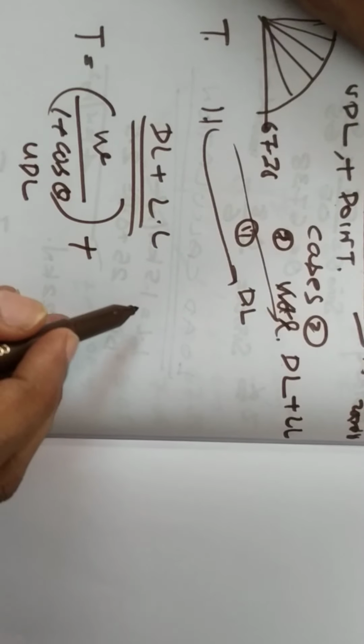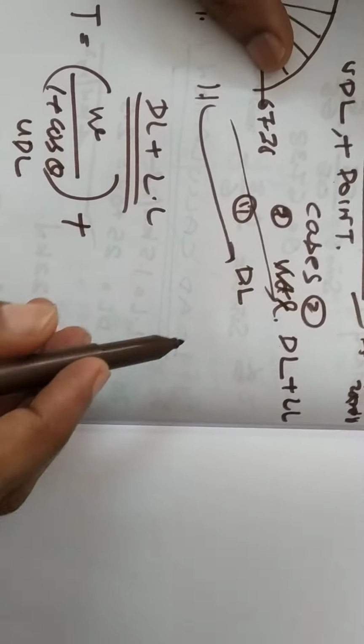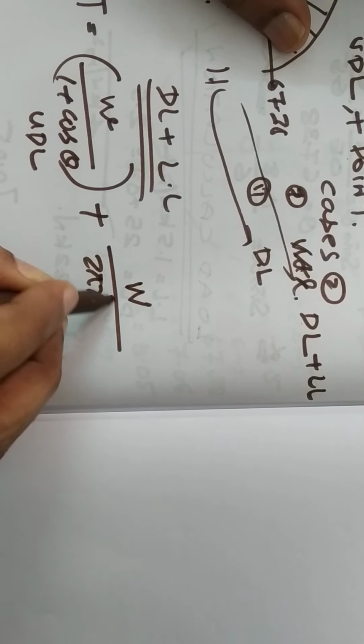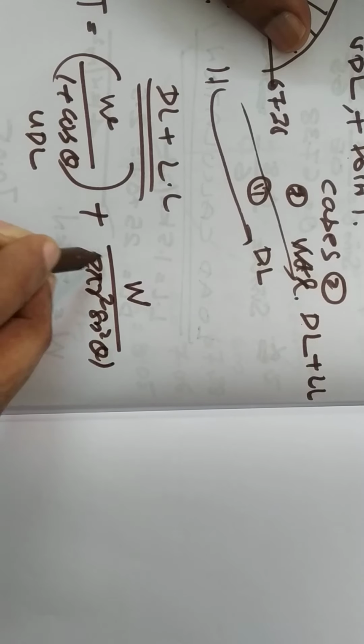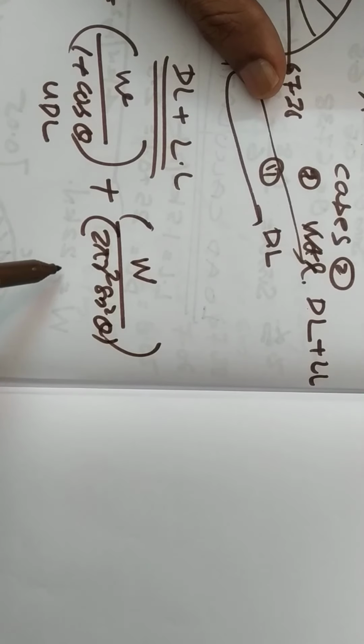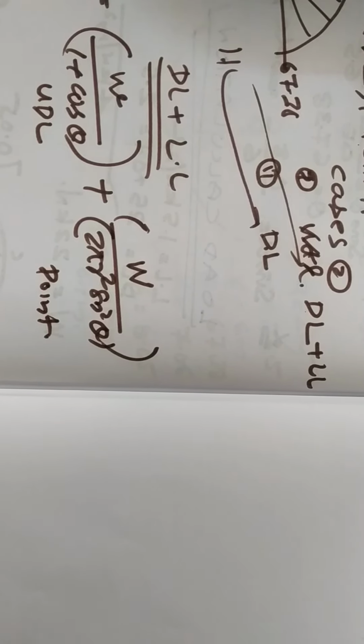Plus for point load, T is W divided by 2 pi R square sine square theta. Some books have mentioned cosec square theta also, because 1 by sine square theta is cosec square theta. This is for point load. So let us find it out.